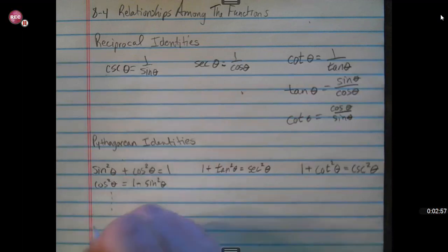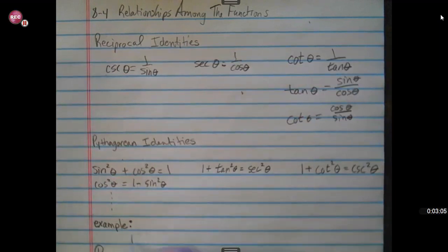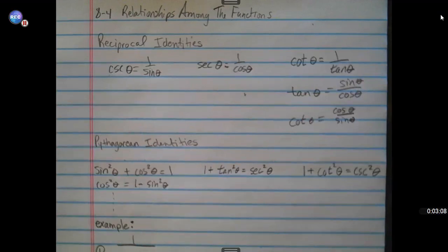Like for example, we have sine x times cosecant x. Well, any of those reciprocal identities, sine x times cosecant x is 1.